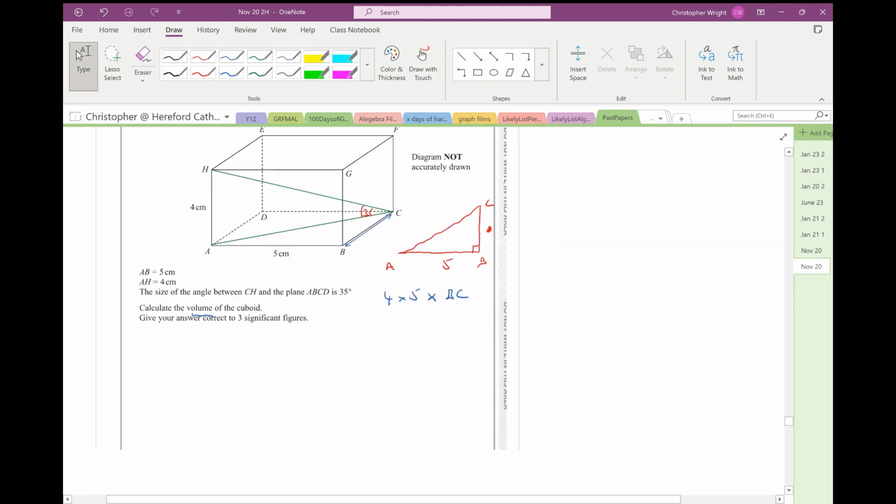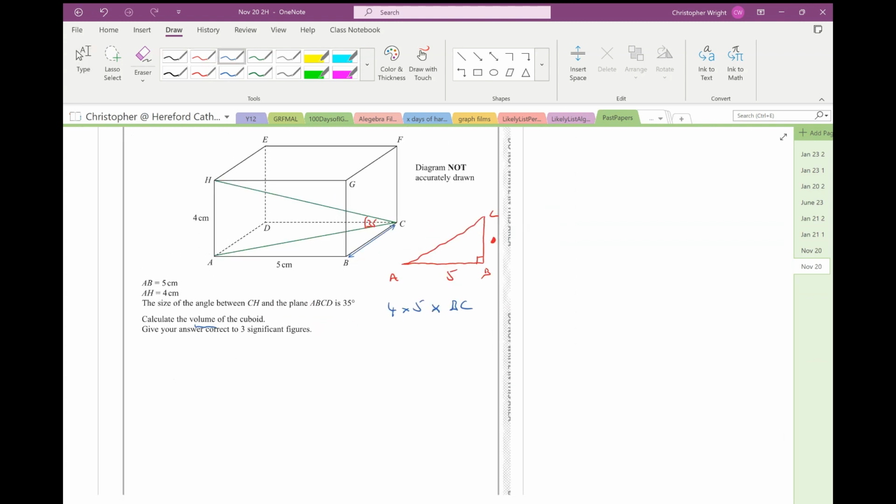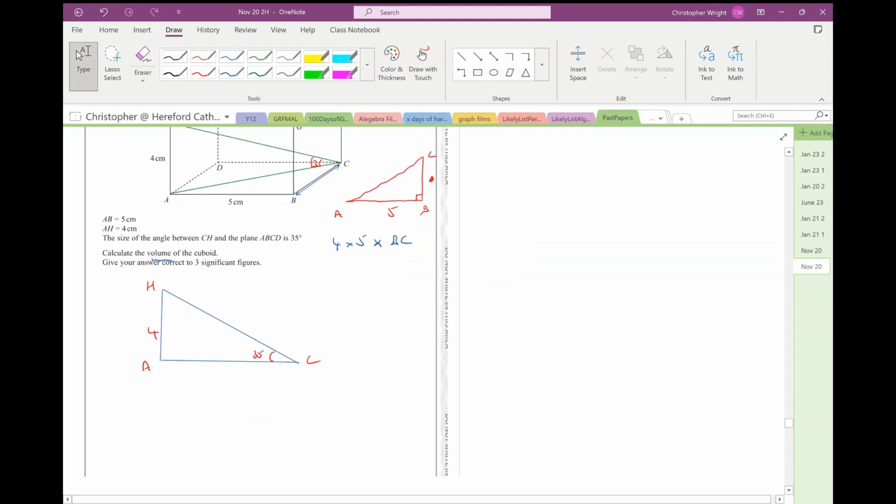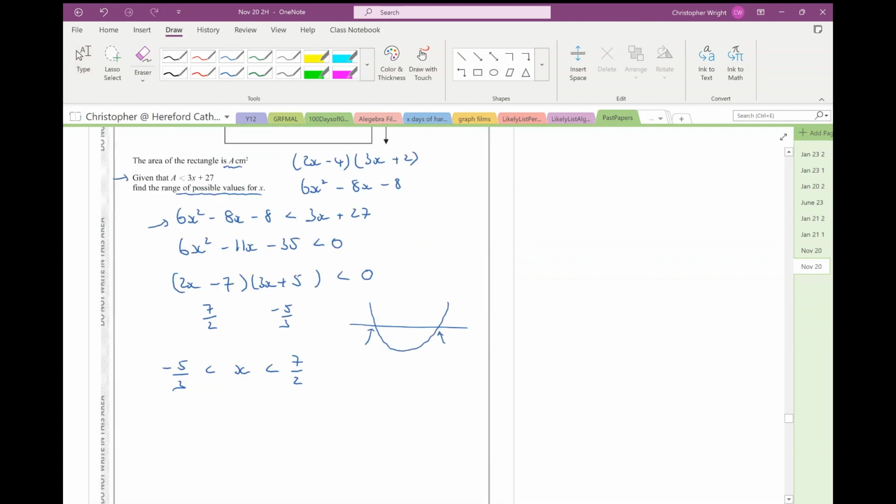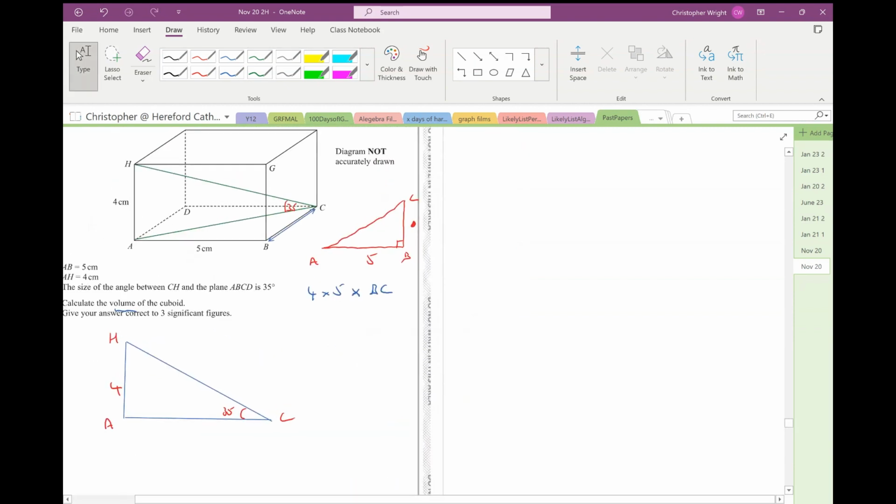Now, however, if you have a look at triangle H, A, C. Now I know that that's 35 because it tells me in the question, and I know that's 4, HA. Now I can use this triangle to find the length of AC.